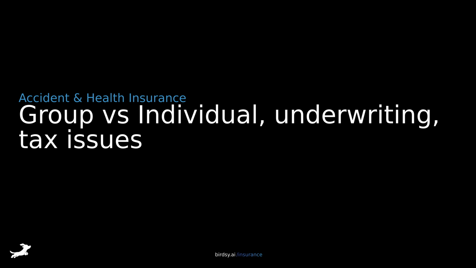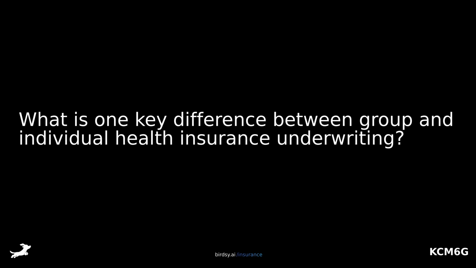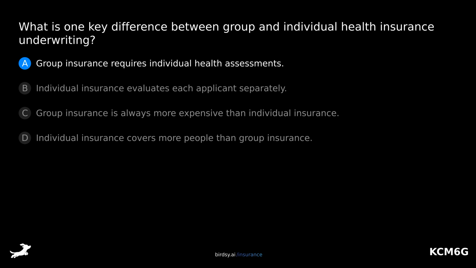Group versus individual, underwriting, tax issues. What is one key difference between group and individual health insurance underwriting? Is it A, group insurance requires individual health assessments? B, individual insurance evaluates each applicant separately? C, group insurance is always more expensive than individual insurance?